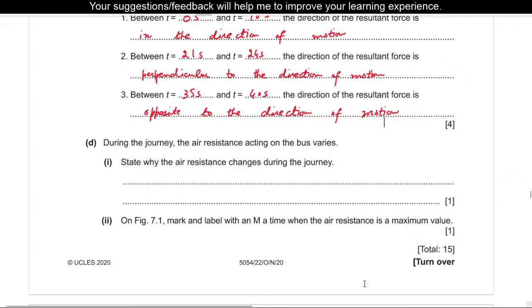So please be interactive. Use the option of live chat and tell me the reason of changing of air resistance during the journey.